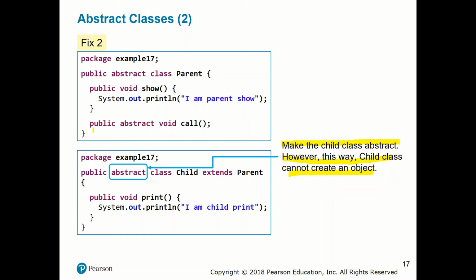Because if the child class does not override the call method, then it's like the child class has this abstract method inside its class. So we can declare the child class as abstract, then the compile error will disappear.